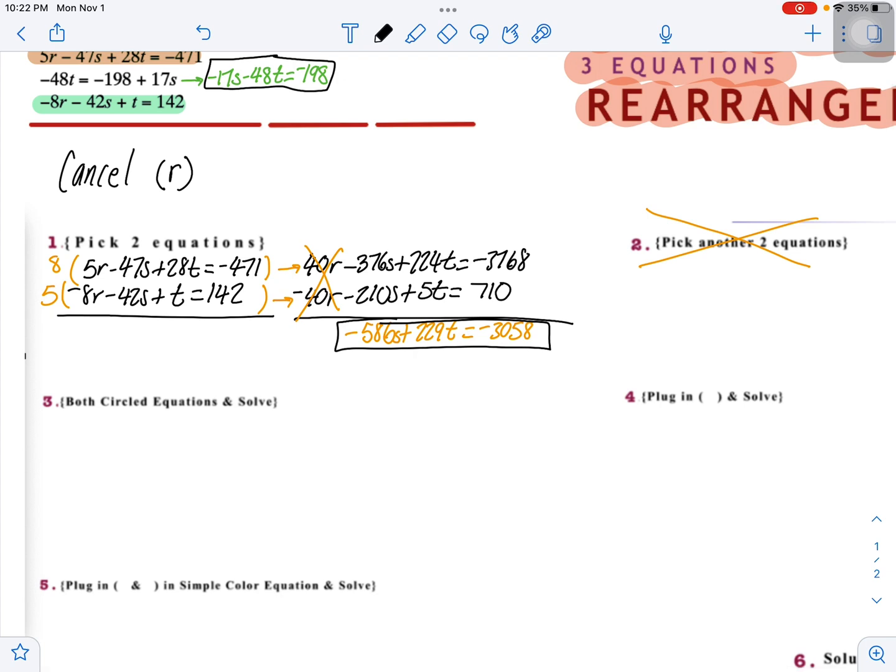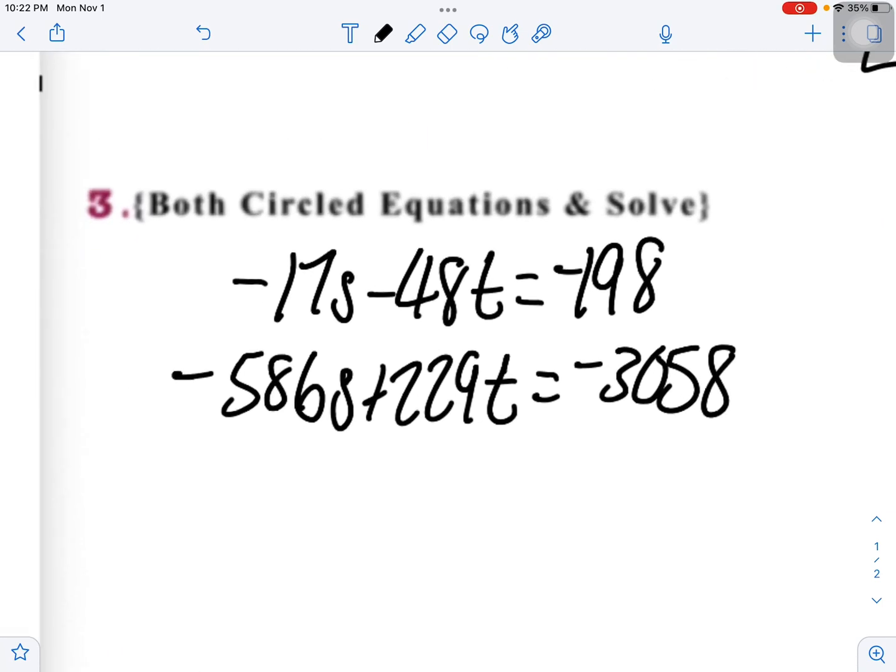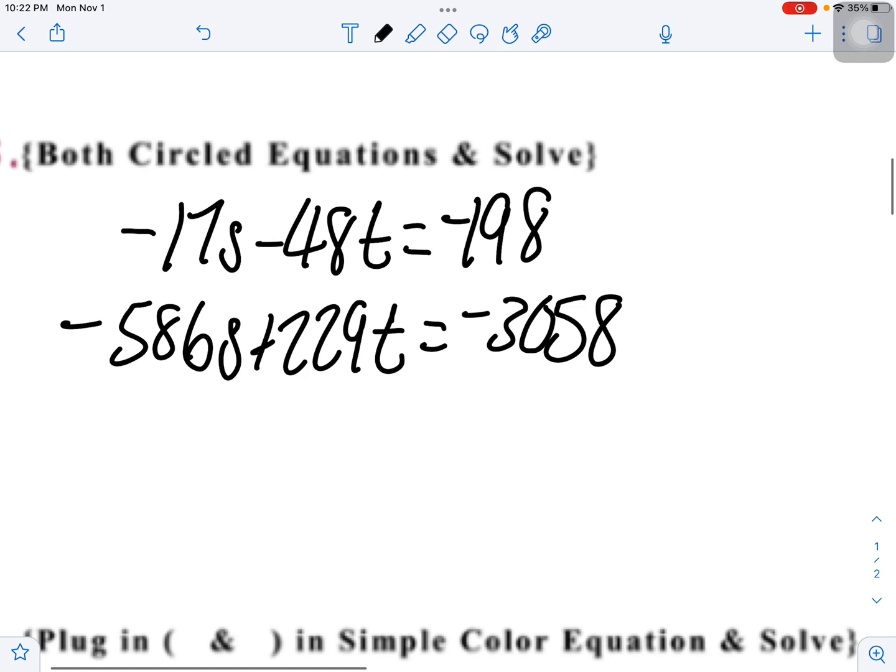So let's copy the two boxes. So we have negative 17s minus 48t is equal to negative 198, and negative 586s plus 229t is equal to negative 3058.